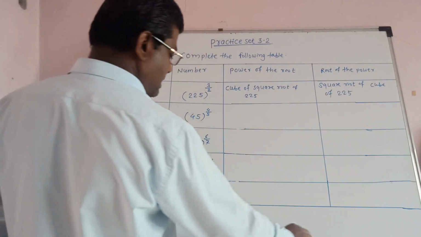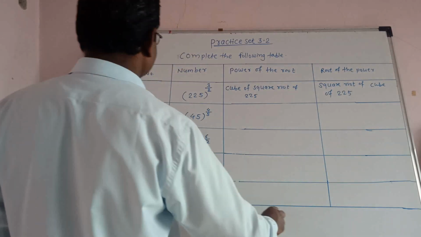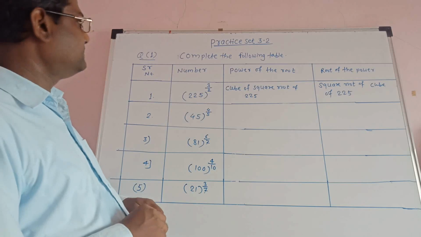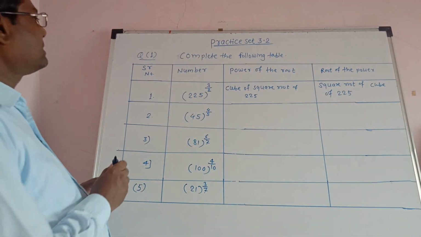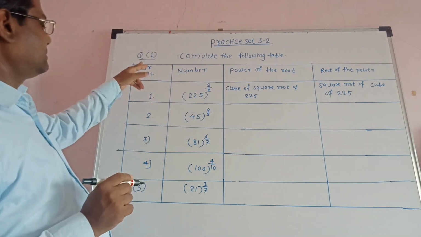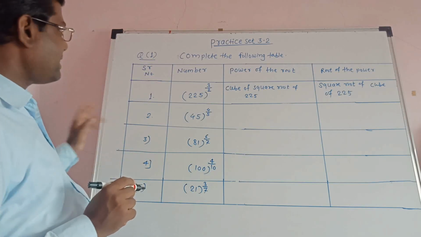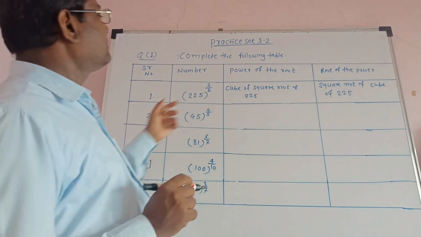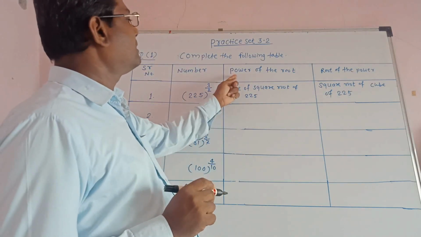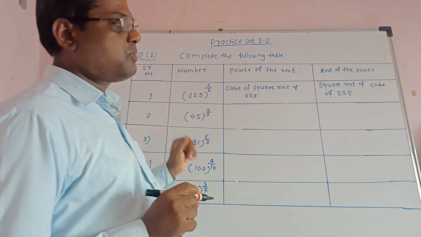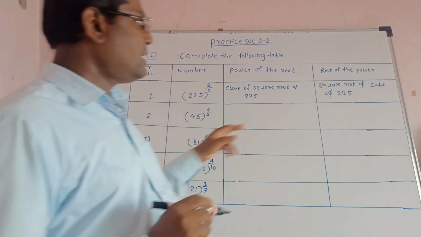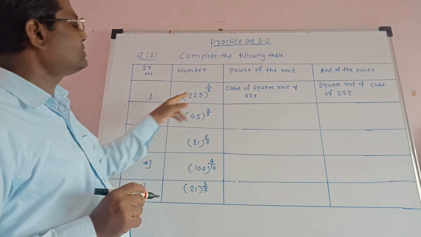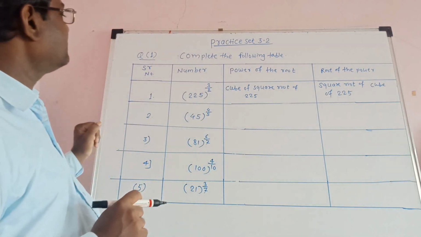Now practice set 3.2. Question number 1. Complete the following table. One table is given there. There are serial numbers 1 to 5. Numbers are given in index form and we have to write them in the form of power of root at first, then root of power. And the solution of the first example is given.